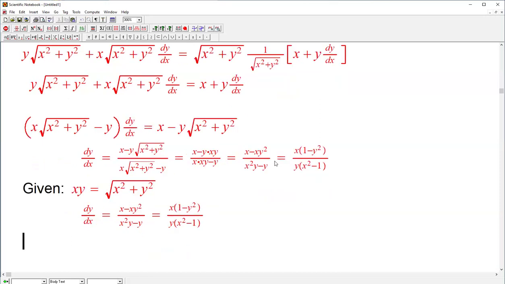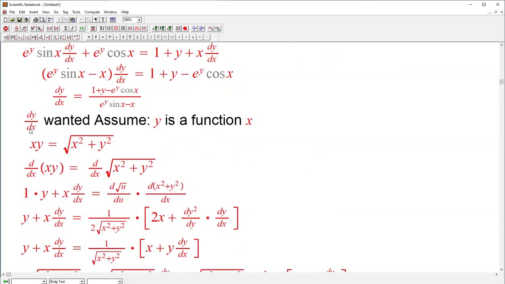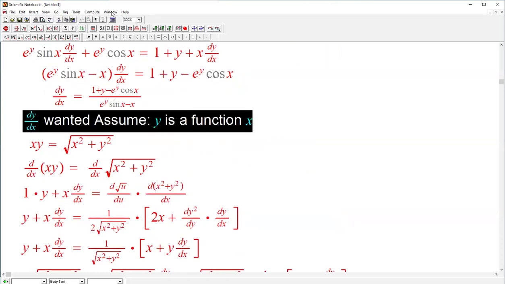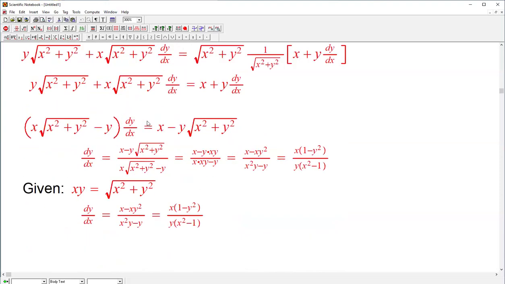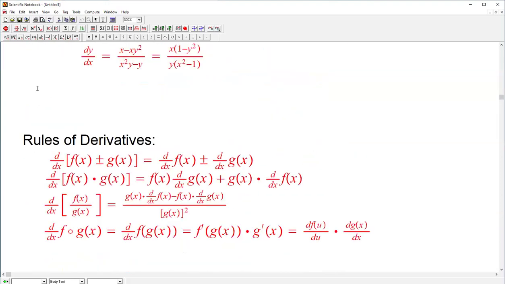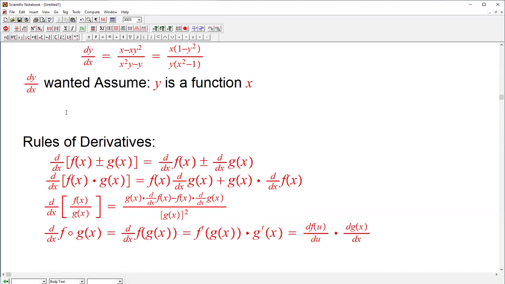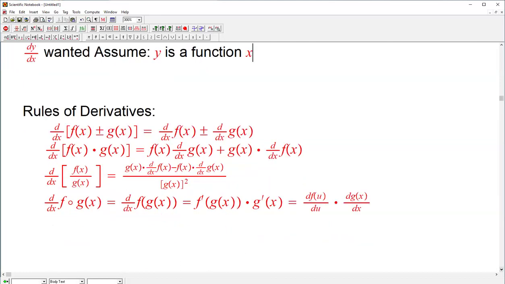And this one, because I don't want to make this too long, okay? Number 20. Same task. We want to find dy dx. So that's wanted, right?